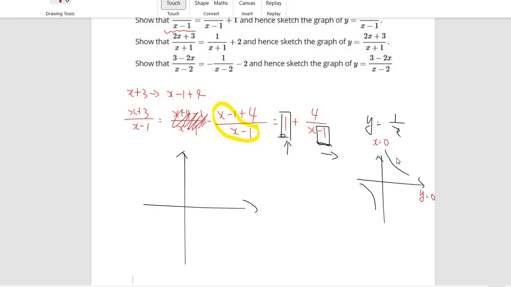If I move everything to the right by 1 unit, I transform the vertical asymptote 1 unit to the right, so I end up with a new vertical asymptote, x equals 1. Then if I move everything up by 1 unit, I end up with a horizontal asymptote, which is y equals 1.